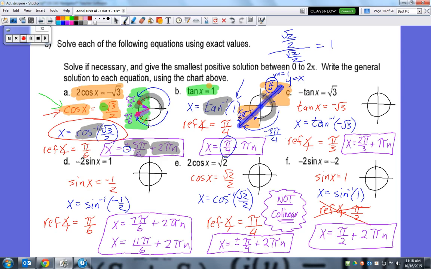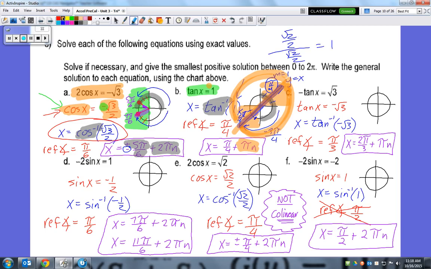That's the only one that you see there. And again, I'm going to add a pi in because of the fact that these are collinear. Every pi that I go in increments, I will take care of all the possible answers.